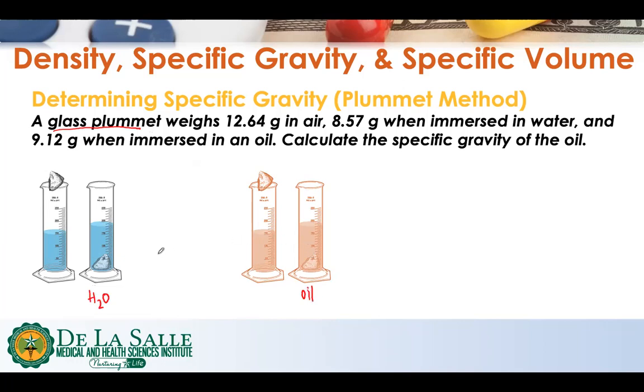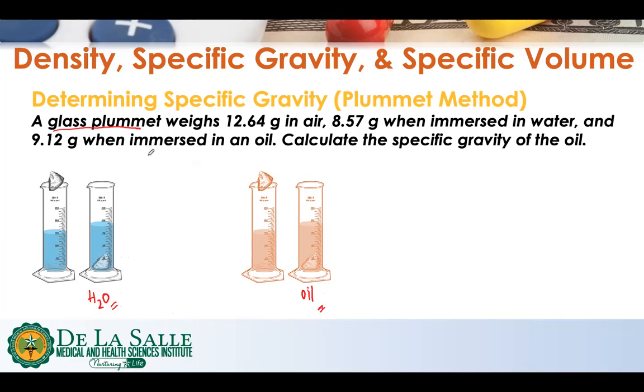And then we will be determining the apparent loss of weight of the glass plummet when immersed in both water and oil to determine the oil's specific gravity. Now we are ensured that the volume of the displaced liquid will be the same for both water and oil because the same glass plummet must be used in this method.